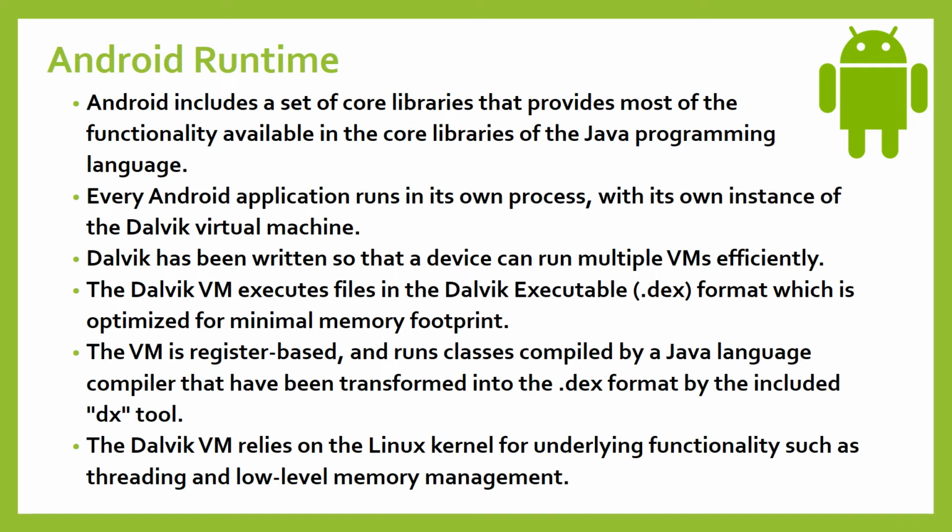The important highlight of the DVM is that it is register based and not stack based. It also depends on the Linux kernel, which we find to be the last component, the lower layer in the Android SDK. For functionalities such as threading and memory management, the Dalvik VM relies on the Linux kernel.